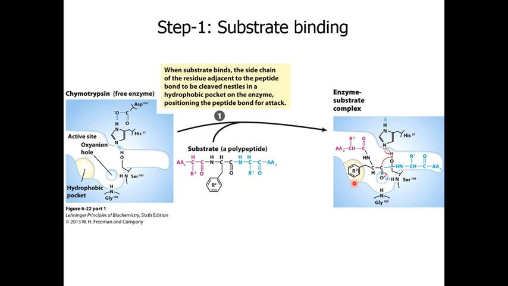For example, this hydrophobic pocket is occupied by this hydrophobic amino acid, which in this case is a phenylalanine. And this allows the enzyme to juxtapose this specific peptide right next to the catalytic triad so that it can catalyze the peptide cleavage reaction.